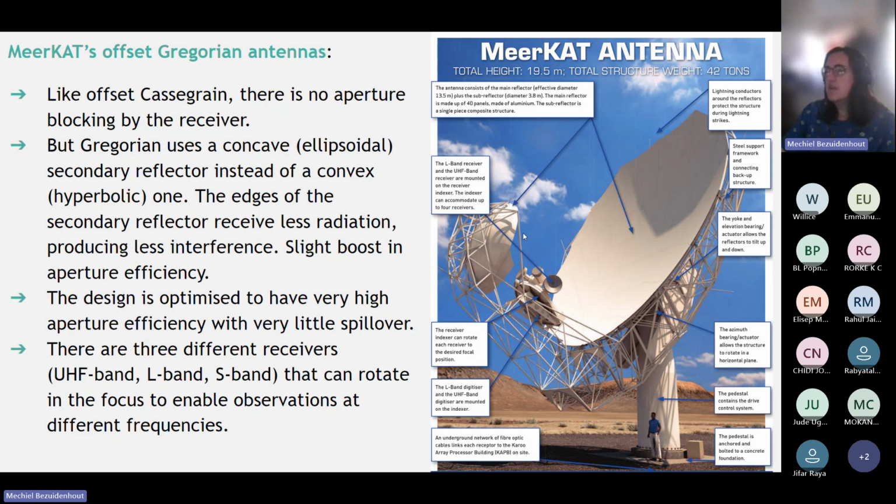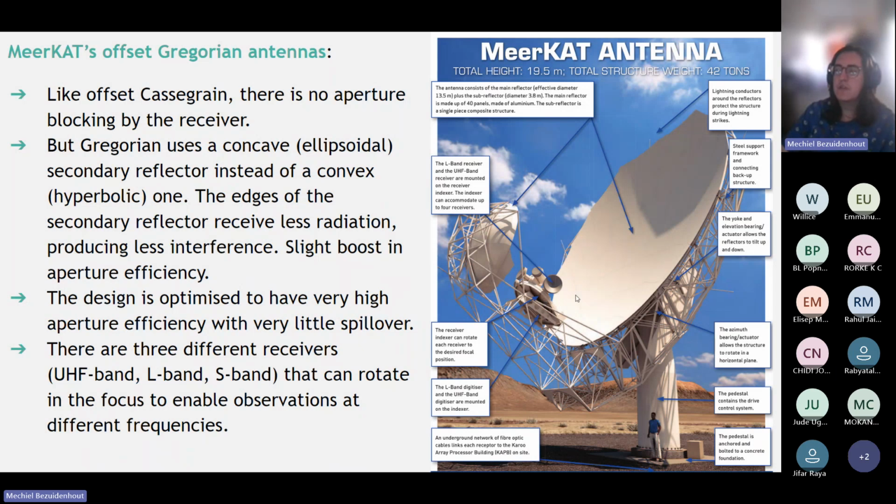And then you can see on the picture as well, you have the secondary reflector, and then the light gets reflected onto these feed horns, these three little horns there. And they are mounted on this rotating disc. Basically, this means that by rotating that disc, you can place different receivers at the focus of the telescope.